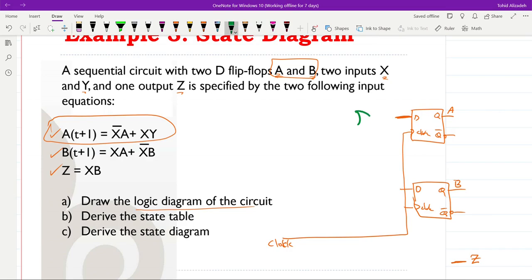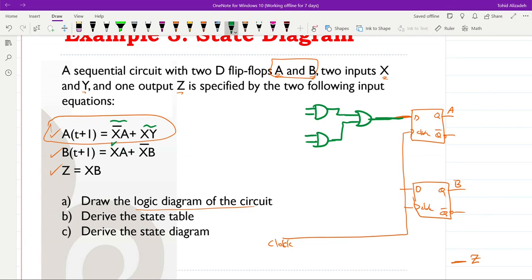So for the first one, we need to have not X and A or X and Y. So we need to have an OR gate here, which receives 2 inputs, and both of them are coming from AND gates with 2 inputs each one. And now we need to connect them properly.